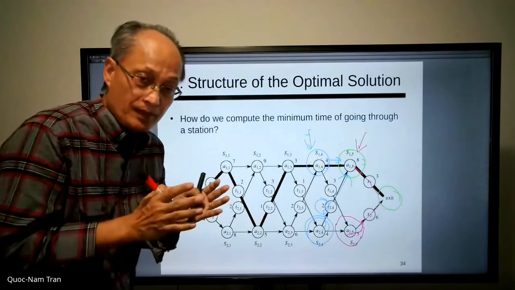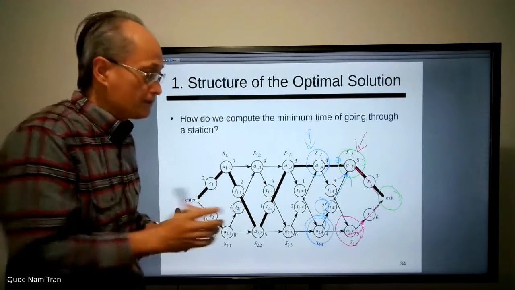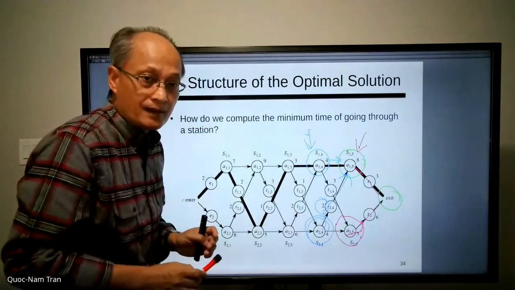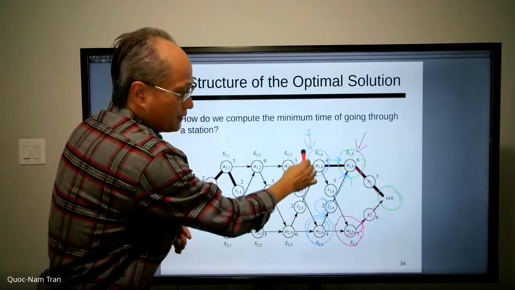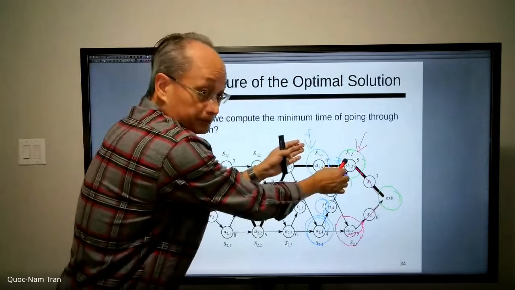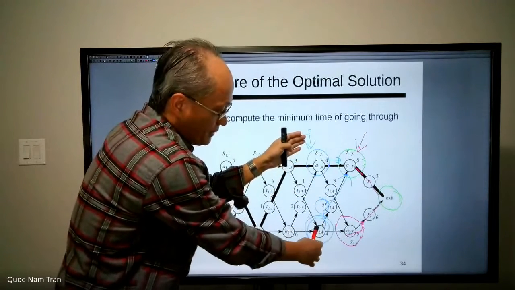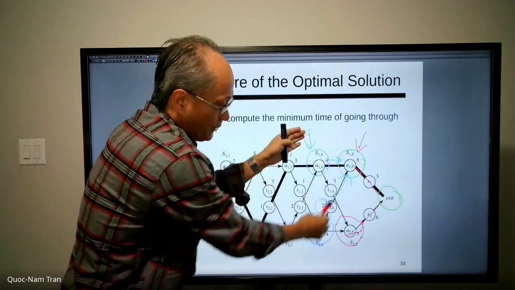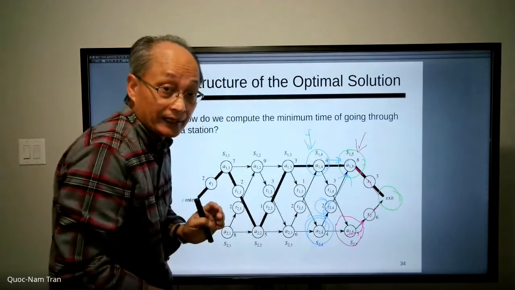The bigger problem, finding the smallest time for reaching this point, is partitioned into finding the smallest value to reach this point, compared with the smallest cost for reaching this point plus the extra cost of 2 before going to the other assembly line.